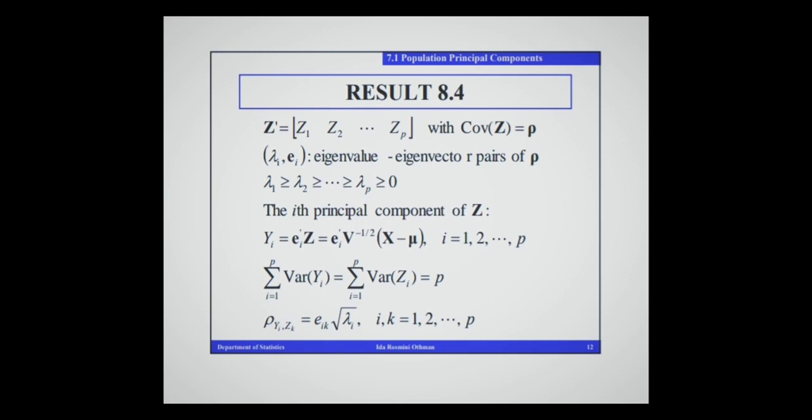Okay. So the formula to get the principal components, the ith principal component, is yi equal to the transpose of the normalized eigenvector ei multiplied by the standardized variable z. Before this it was x, but now we replace x with z.